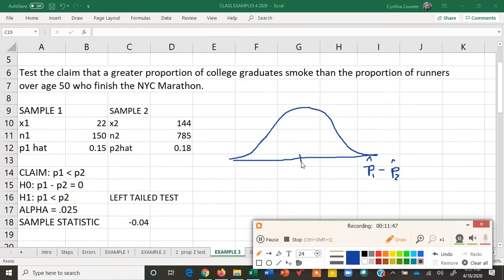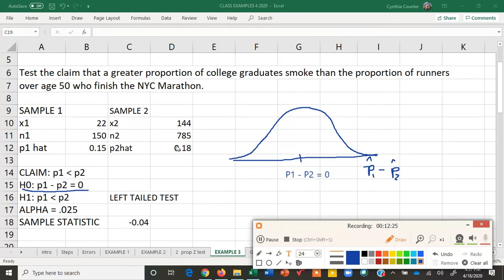We are assuming here, based on this null hypothesis, remember that is our assumption, that P1 minus P2 equals 0. So notice the assumption is that the middle here is equal to 0. Therefore, the values to the left of the mean are negative, and the values to the right of the mean are positive.